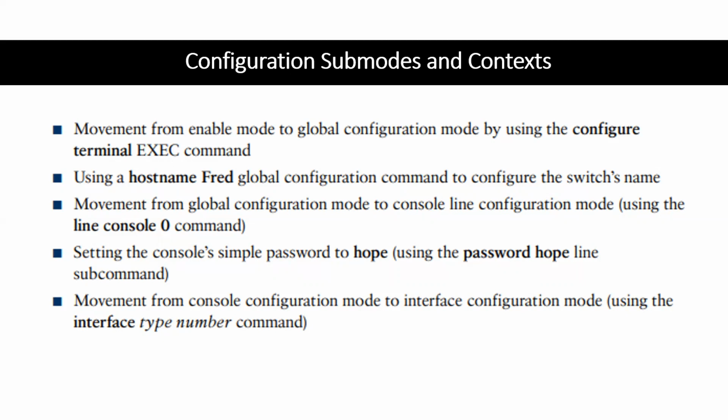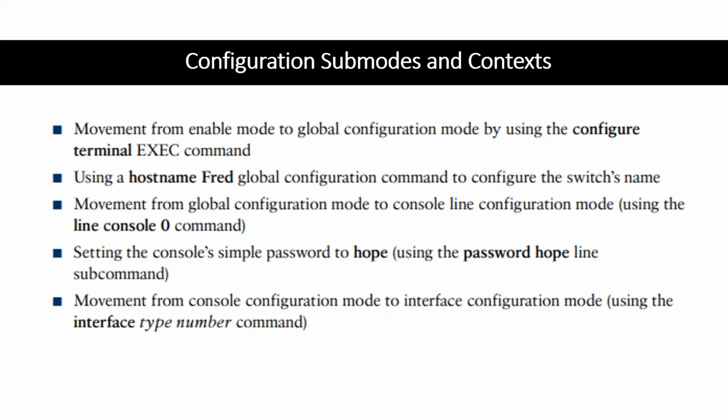But if Ryan wants to configure a password for when somebody tries to get into the device using a console cable, he has to get to line console configuration mode, and that's a submode of global configuration mode.